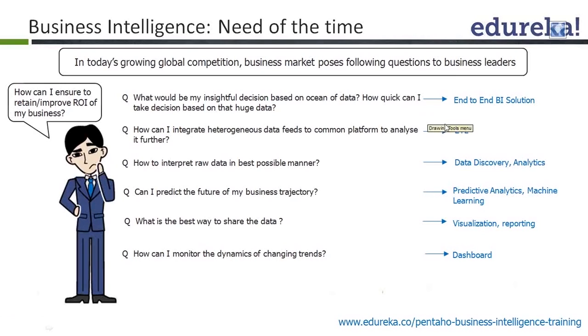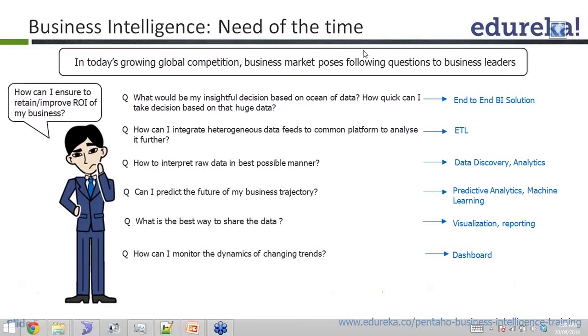One question to you: can anyone mention the best way you can share the data? Okay, Trupti is saying by graphs and by charts. Perfect. Visual data representation, a very key aspect.